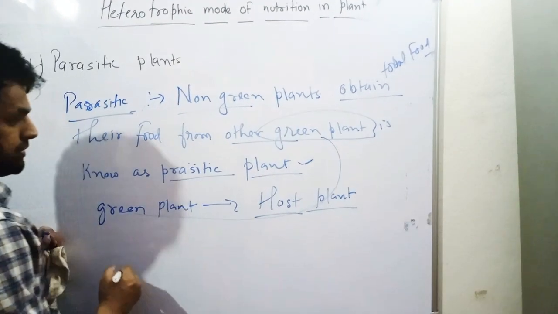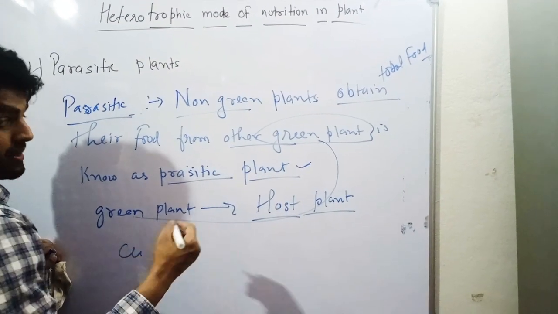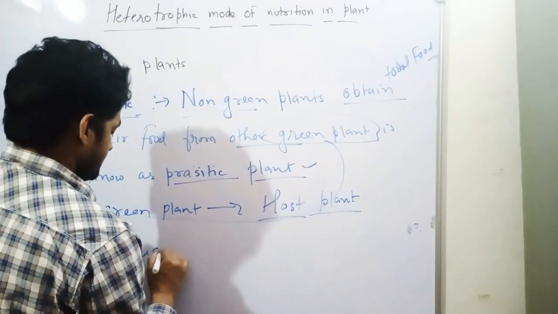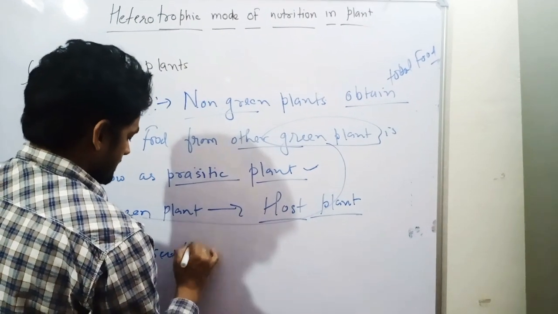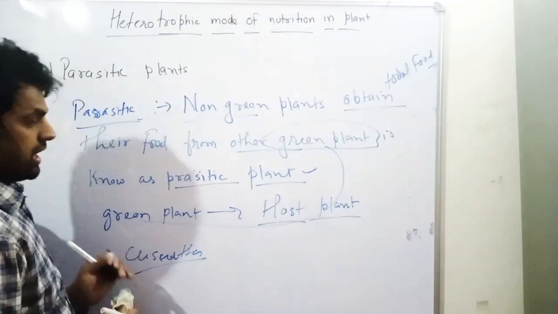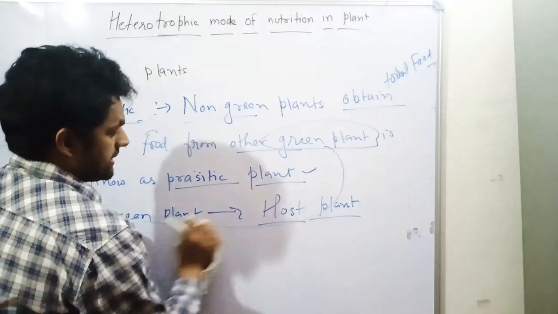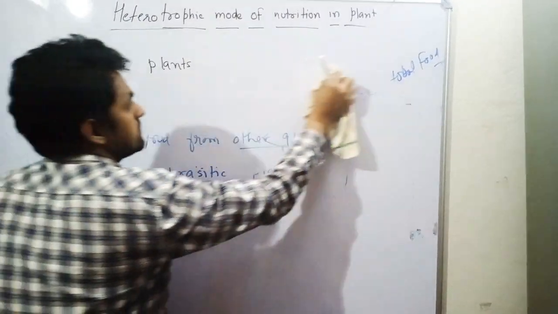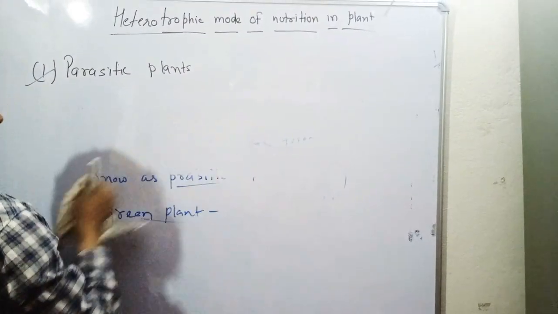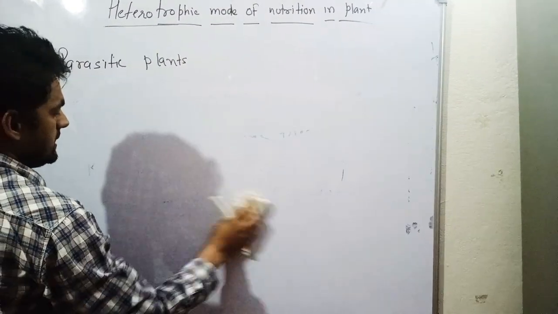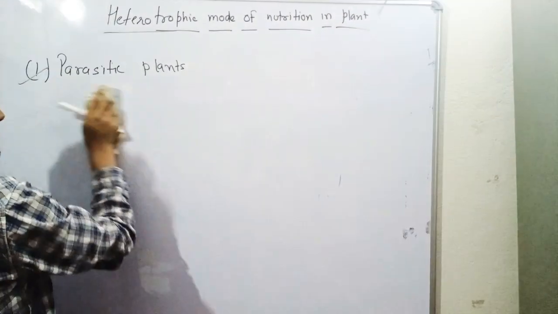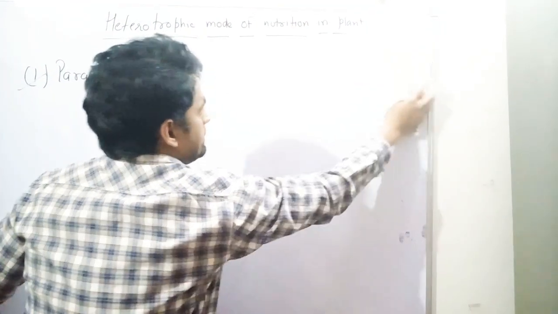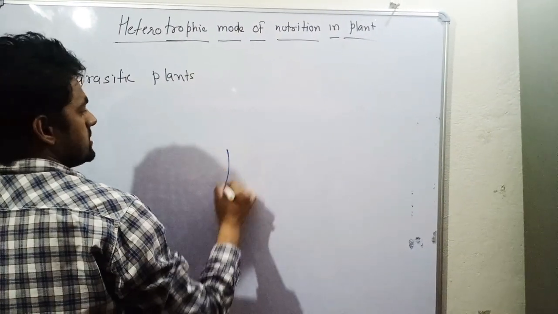As we discuss, cuscuta is an example of a parasitic plant. How do they get their food? Cuscuta is a yellow thread or wire-like structure; we have seen it on some plants.